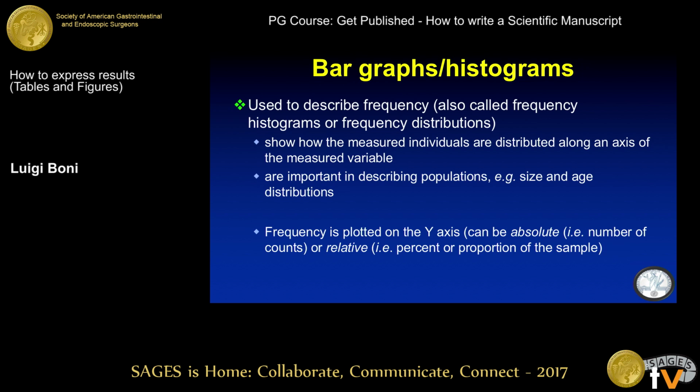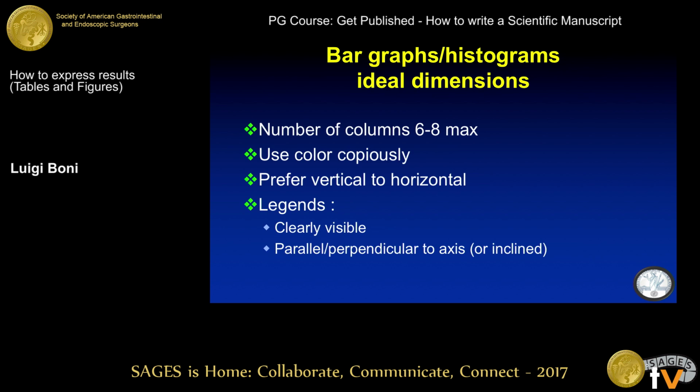And the most important thing is that a bar graph should include 6-8 bars maximum. If you have too many, you lose the point of giving a good visual identification of your result. Here you should use color, if possible, in order to differentiate the different bars.